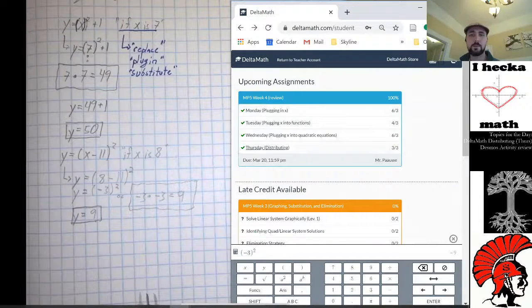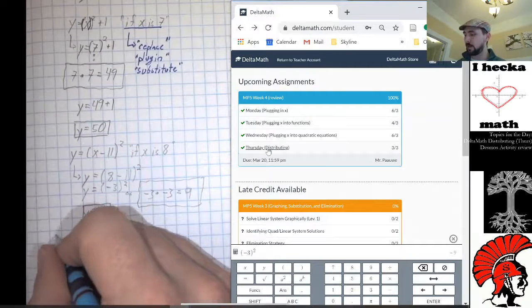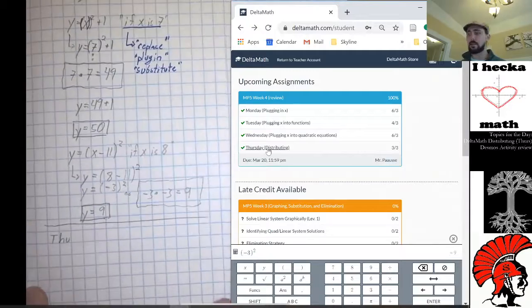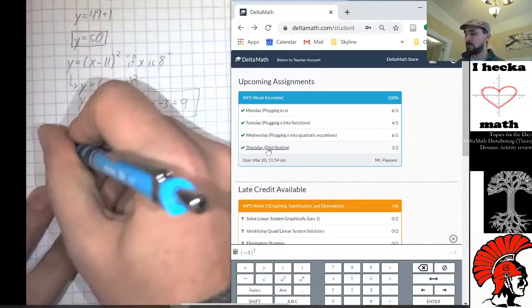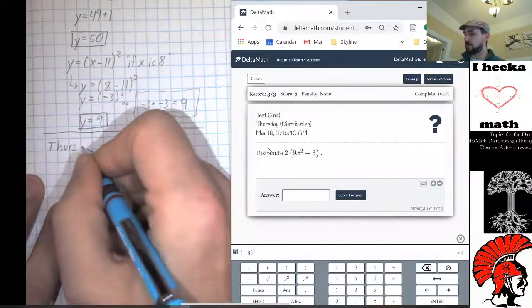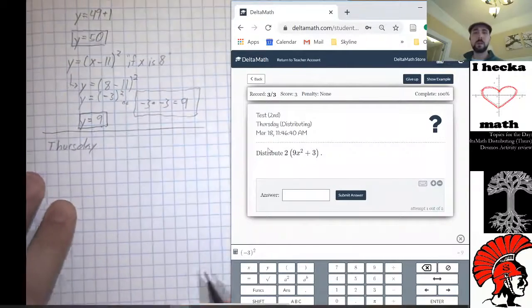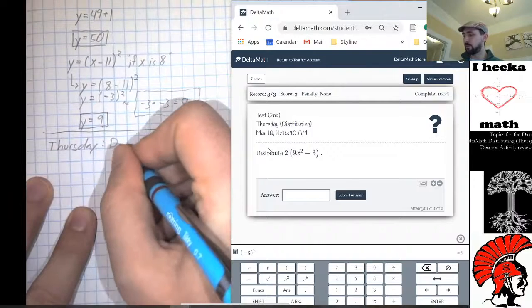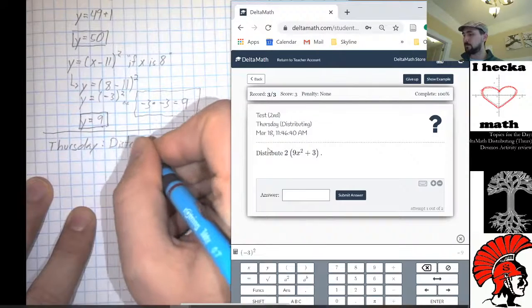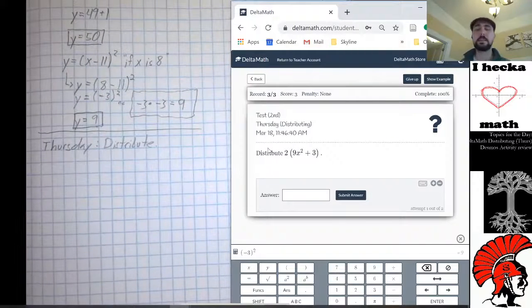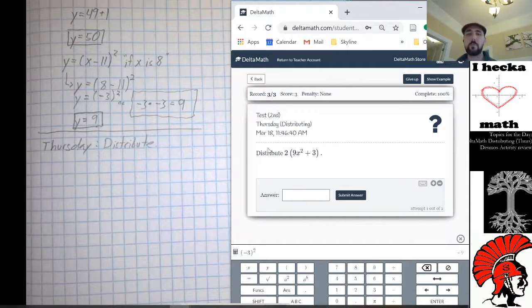And let's go into the Thursday problem types. Thursday. All right, so the Thursday problem types are all about distributing. And this is an idea that we've talked about before, but that is going to become more and more important as we go.